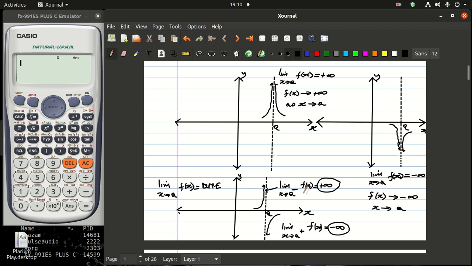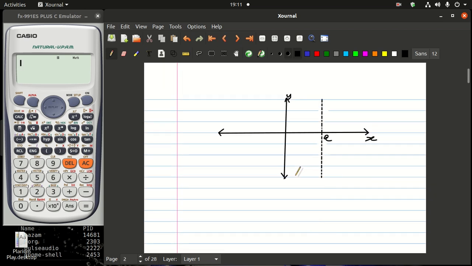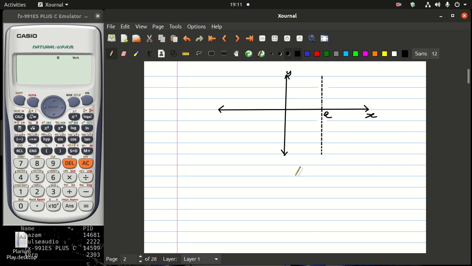Now, let's go and look at the last particular case here. Suppose I have a function, and my function looks something like this. It is increasing, and then it hits this point here.